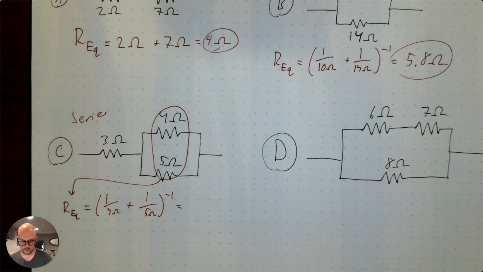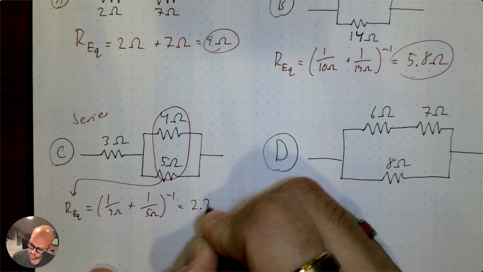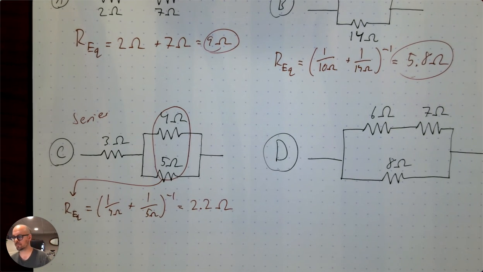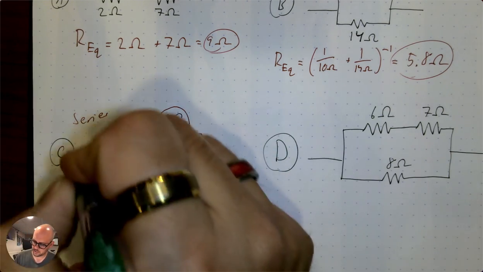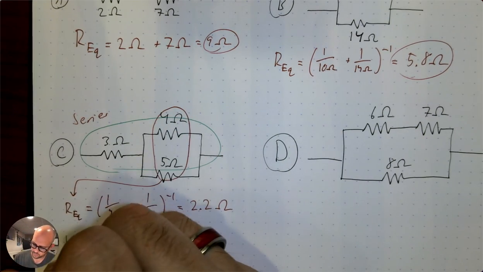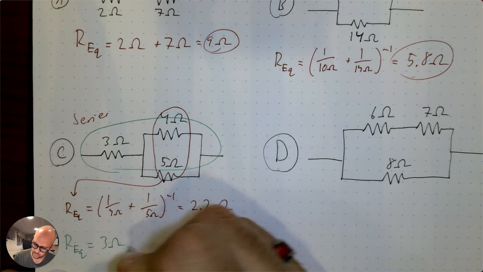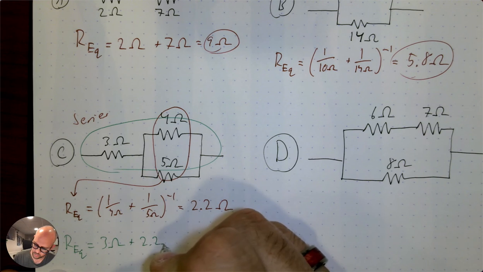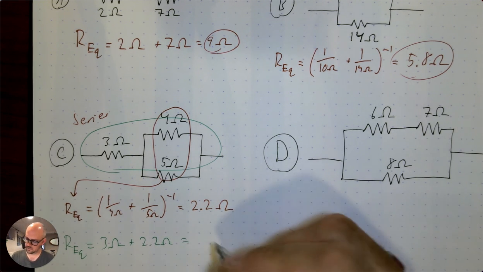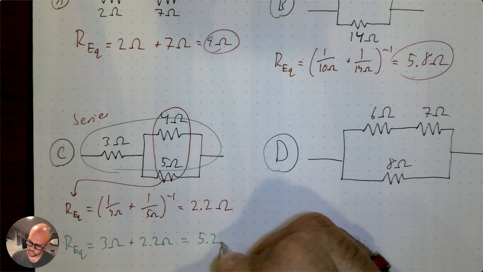So I start with the parallel because they are part of a series circuit, so 2.2 ohms. And then I can consider the entire thing. So the true equivalent resistance is 3 ohms plus 2.2 ohms, or 5.2 ohms.